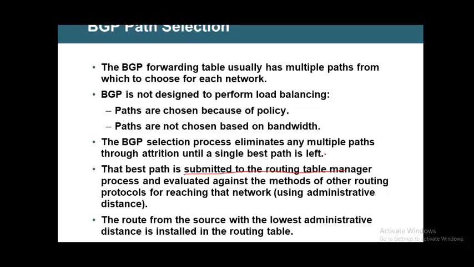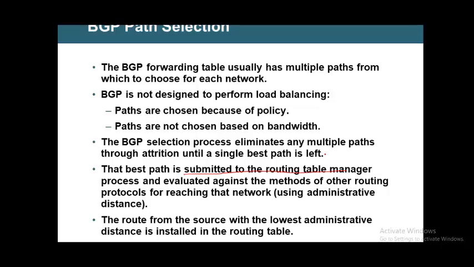It is given to the routing table manager. Now the routing table manager will process it, evaluate it against the methods of other routing protocols for reaching the network, say for example, administrative distance. The routing table manager is the final decision maker.